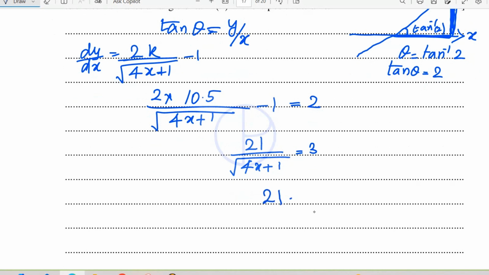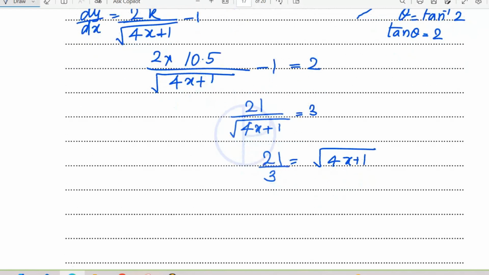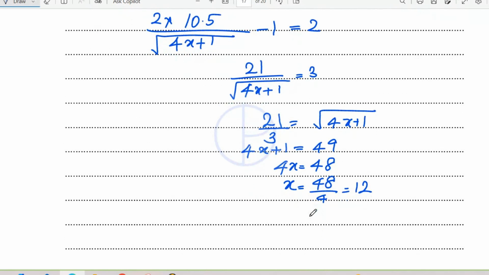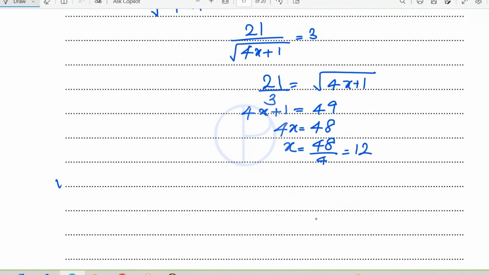We can write this as 21 divided by 3 equal to square root of 4x plus 1. So 4x plus 1 equal to 49, 4x equal to 48. So x equal to 48 over 4, which is 12. So we need to find the coordinate. When x equal to 12, what is y?